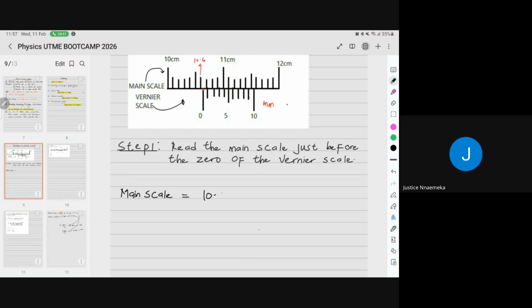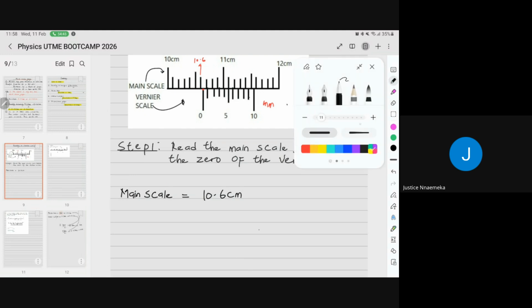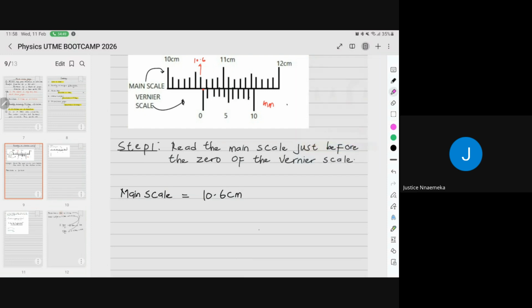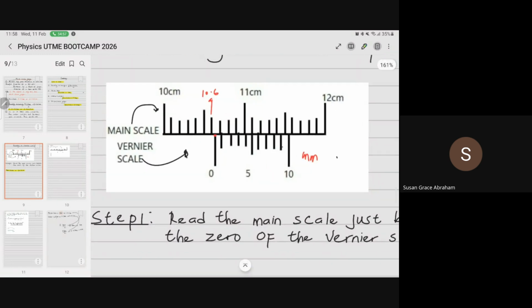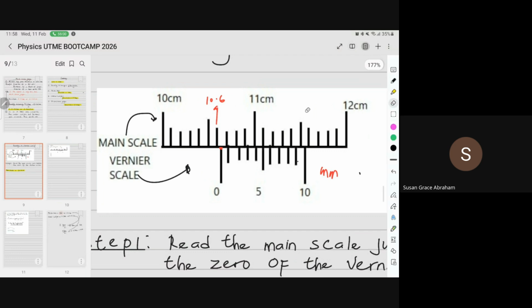Anybody that doesn't know how I got 10.6 centimeter, please talk now or forever remain silent. How did you get 10.6 centimeter? Okay, good. Now look at here. Remember what I said, that the first thing you're going to do is to read the main scale, and that is the value you're going to see just before the zero of the vernier scale, right?